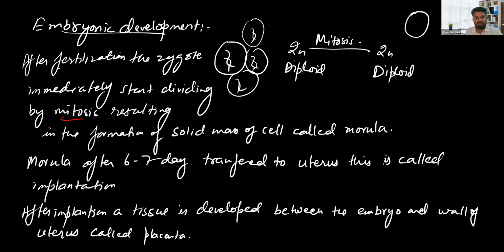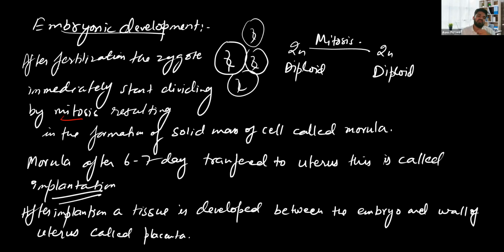After fertilization, the zygote immediately starts dividing by mitosis, resulting in the formation of a solid mass of cells called morula. After 6 to 7 days the morula is transferred to the uterus, which is called implantation. Implantation means transfer of the morula into the uterine wall, where it gets attached.